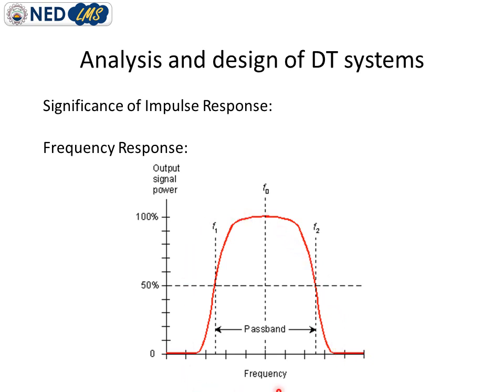But if I apply frequencies which lie in this range, then this system will provide significant gain. So this system is behaving like a band pass filter, which allows a certain band of frequencies to pass through and attenuates the remaining frequencies, which are the very low frequencies as well as the very high frequencies.